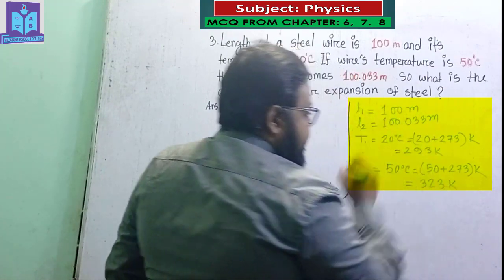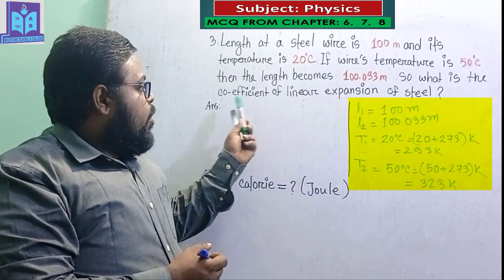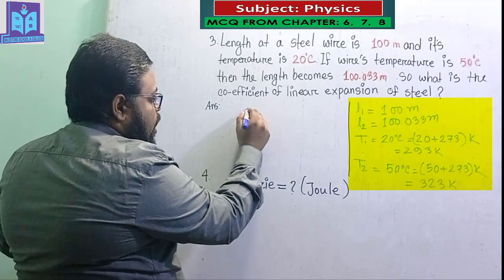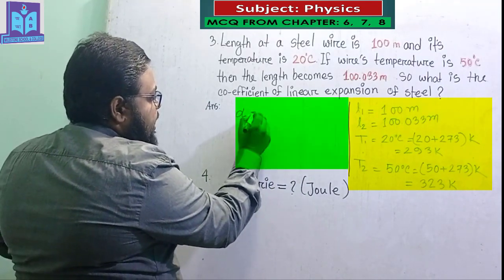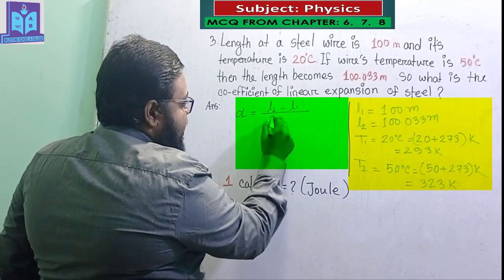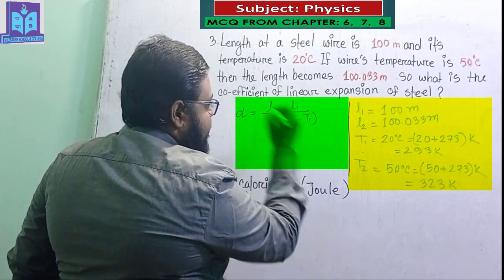Then the value will be 323 Kelvin. Now we have to find the coefficient of linear expansion, and we know the formula: alpha equals L2 minus L1 divided by L1 into T2 minus T1.